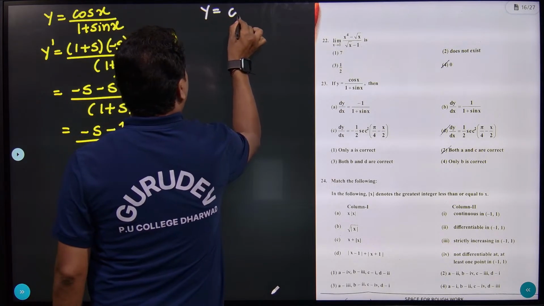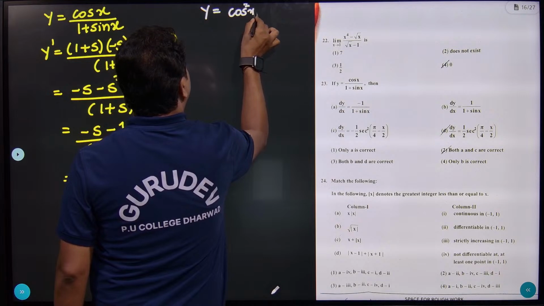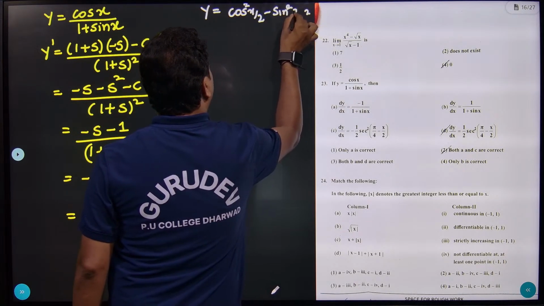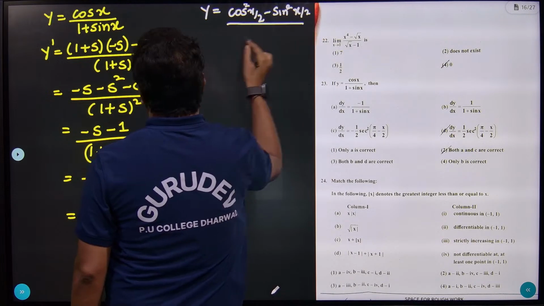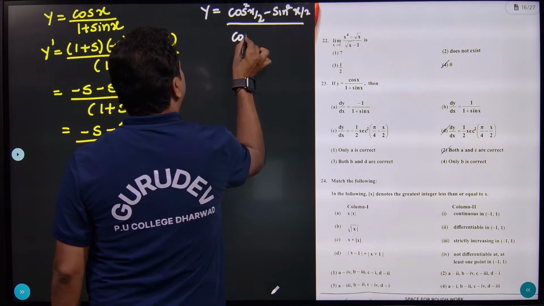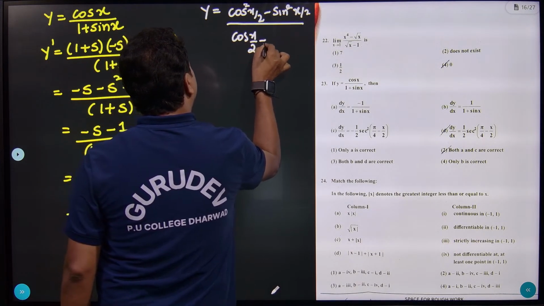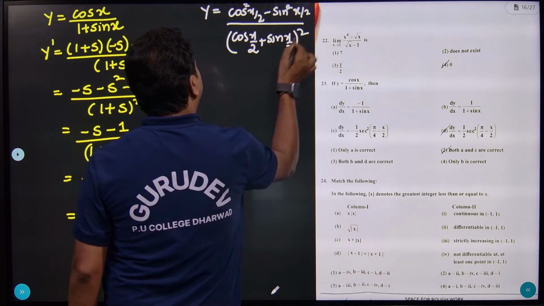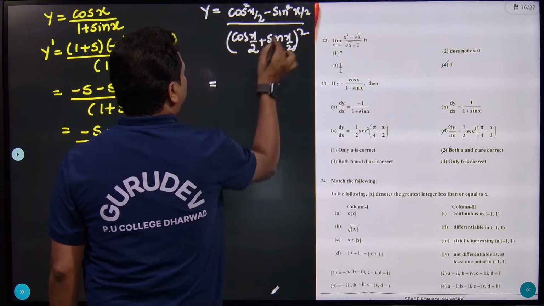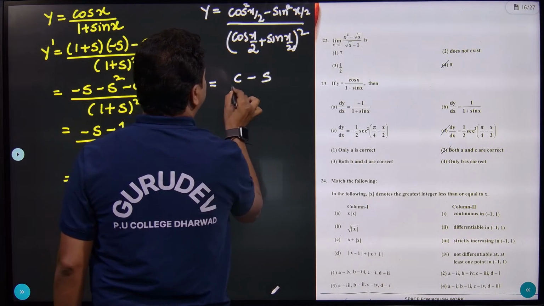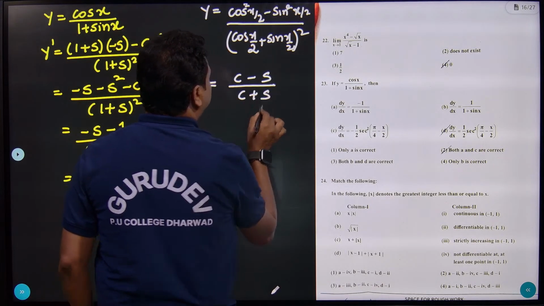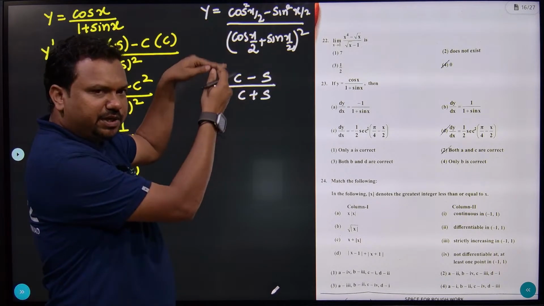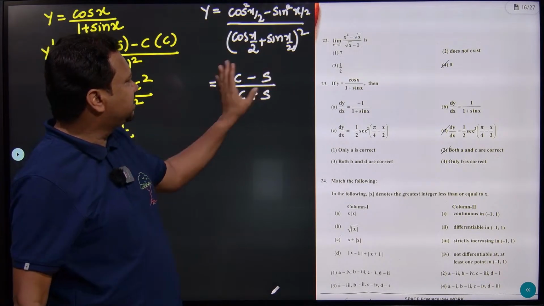Write the half angle formula: cos square x by 2 minus sin square x by 2, divided by 1 plus sin x, can be written as cos x by 2 plus sin x by 2 whole square. Which is equal to a square minus b square, that is cos minus sin divided by cos plus sin, because (a minus b) into (a plus b) over (a plus b) whole square, the a plus b cancels, giving cos minus sin, cos minus sin.